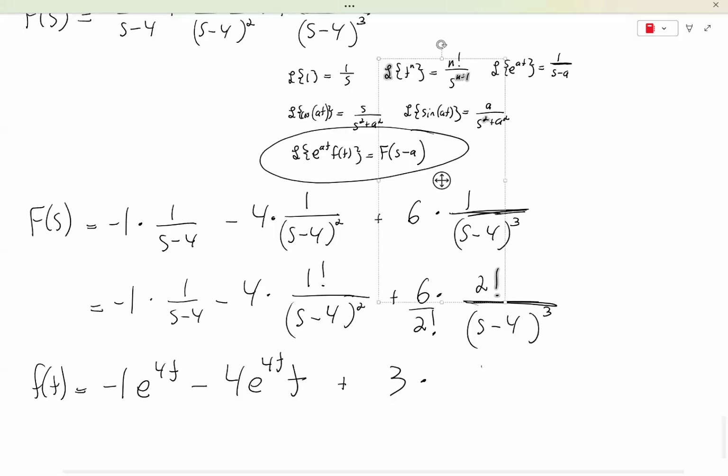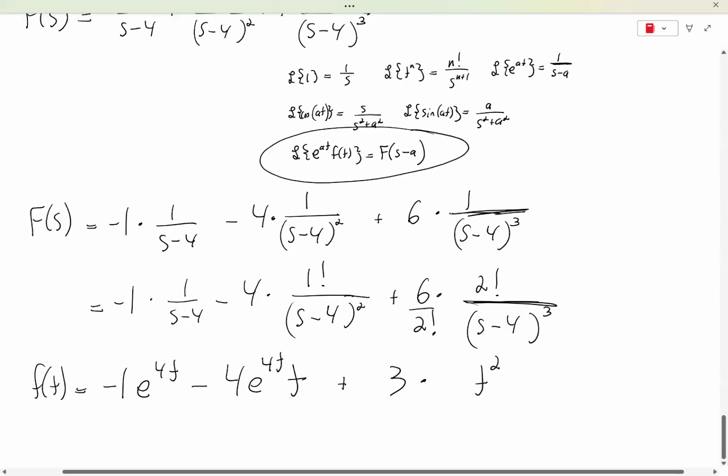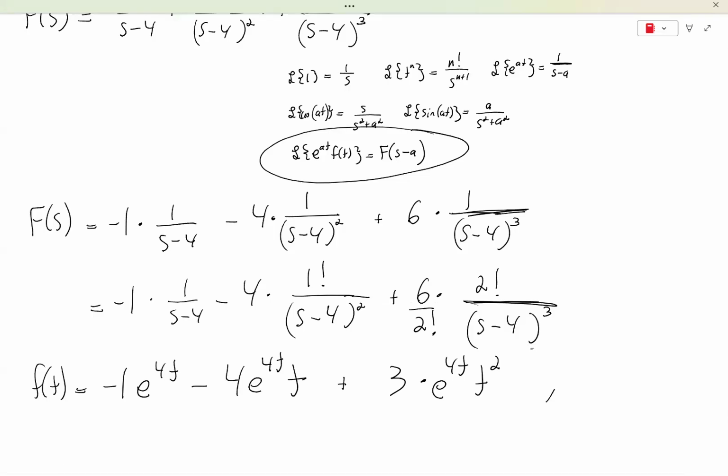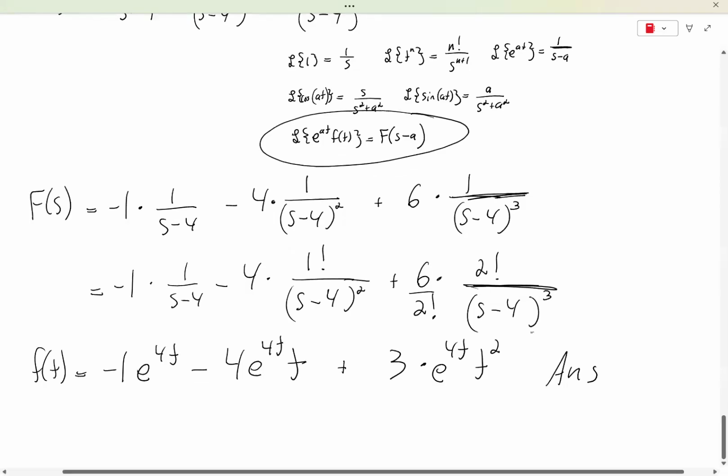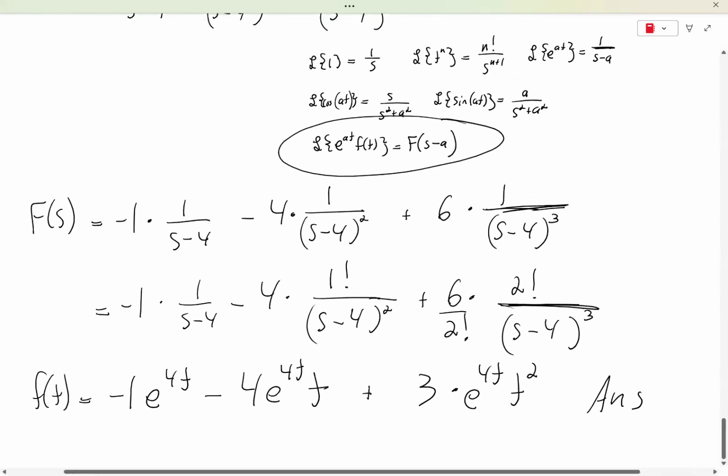It would be t squared normally, but again, we replaced s with s minus 4. So that's going to be out in front, again e to the 4t, like that. And then this is your answer. Any questions on that one?